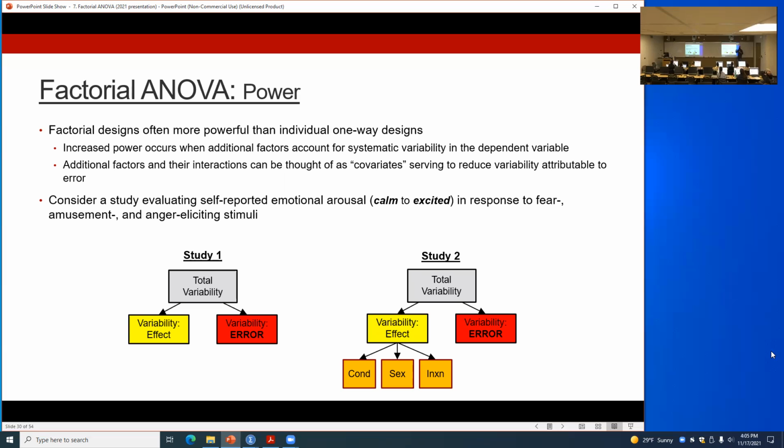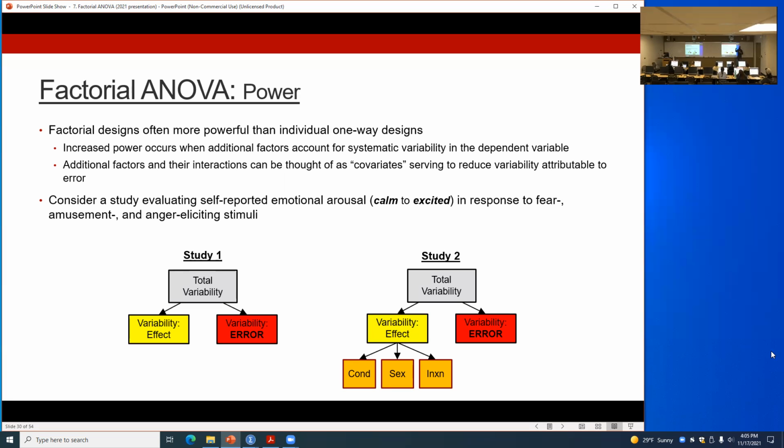But this is the classic ANCOVA approach, where I include things that I think are just nuisance variables, things I don't think are necessarily going to be systematically related to my other IVs. It's just pulling out, because there's always going to be some random stuff going on, and it's just shrinking this error term.